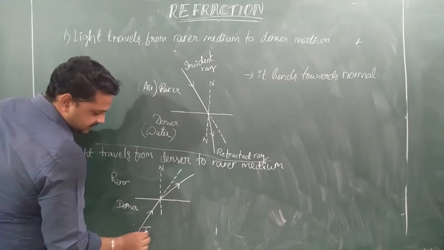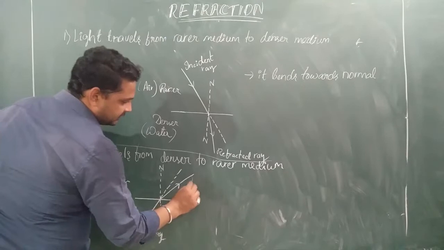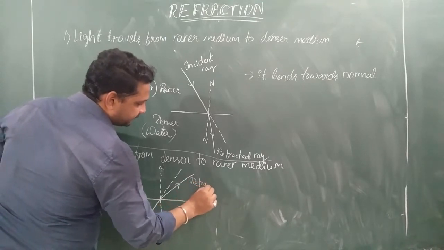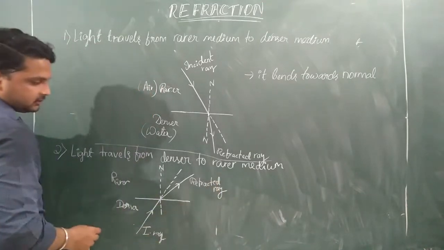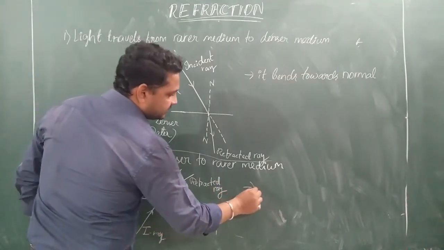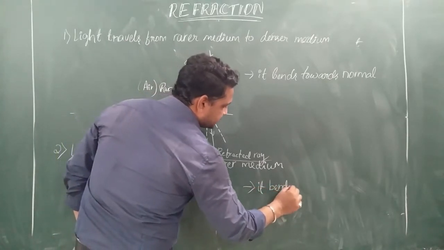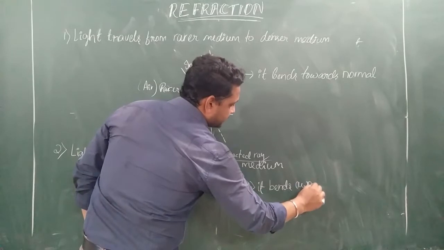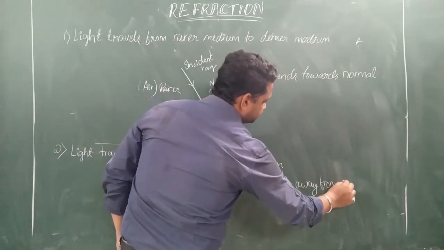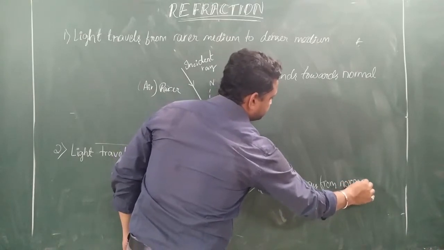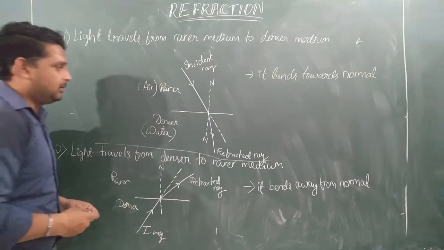This is the incident ray, and this is the refracted ray. So here it bends away from the normal.